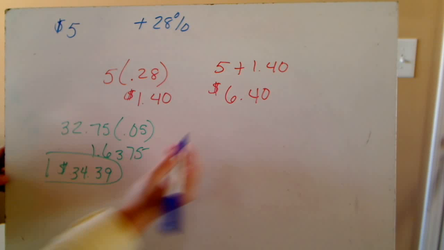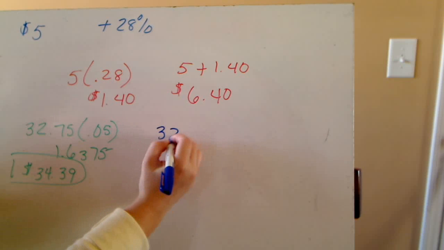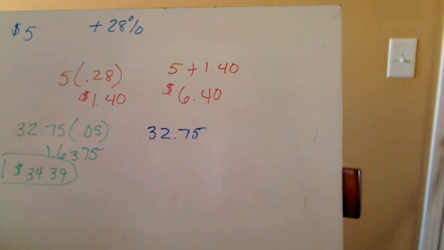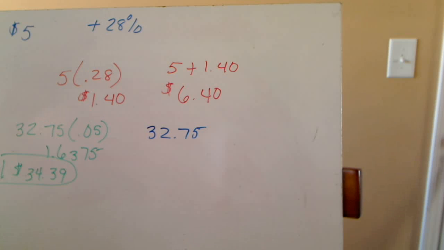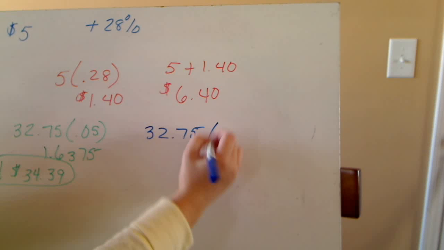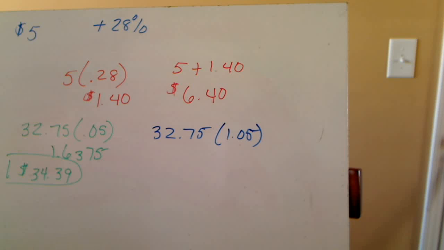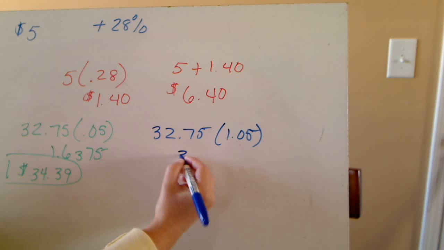You take the original amount, and instead of multiplying it by our percent of increase, we're going to multiply it by 100% of the, or 1.05 in this case. The 1 represents that it's already been added back, so it should end up with our final cost. So whenever you multiply these two together, you actually get the 34.39.